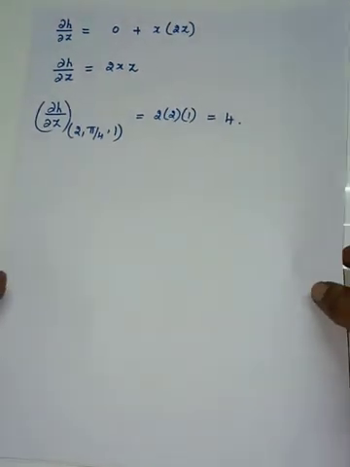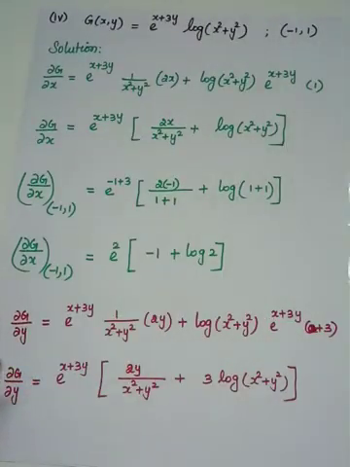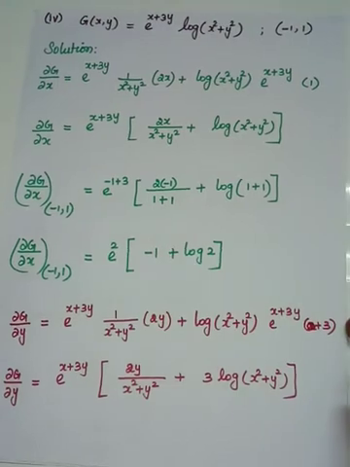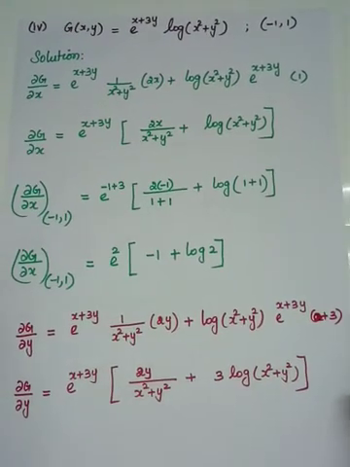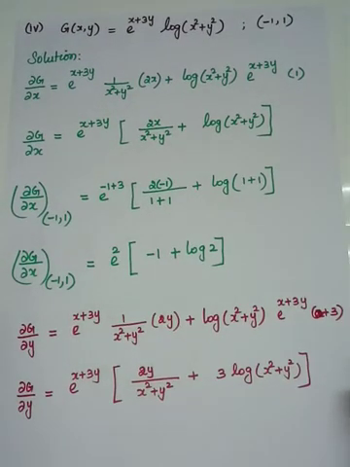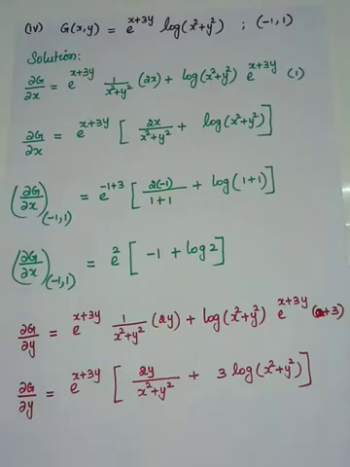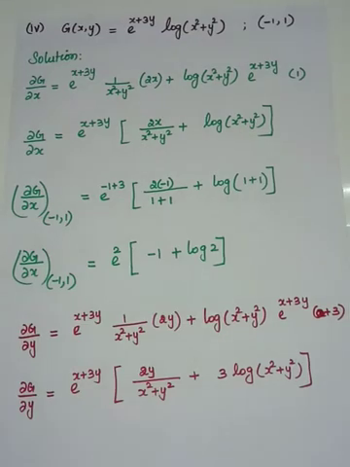Okay, so we'll come to the next subdivision, g of x comma y. Look at this, g of x comma y is e power x plus 3y log of x squared plus y squared. So g is a function of x and y. So we can differentiate g partially with respect to x and partially with respect to y.